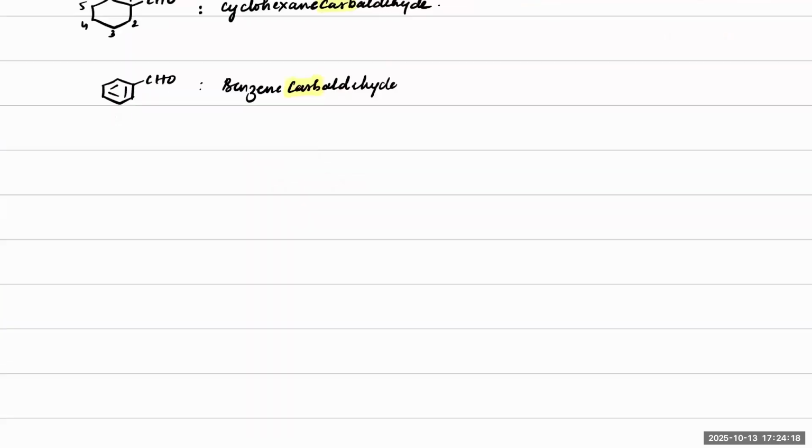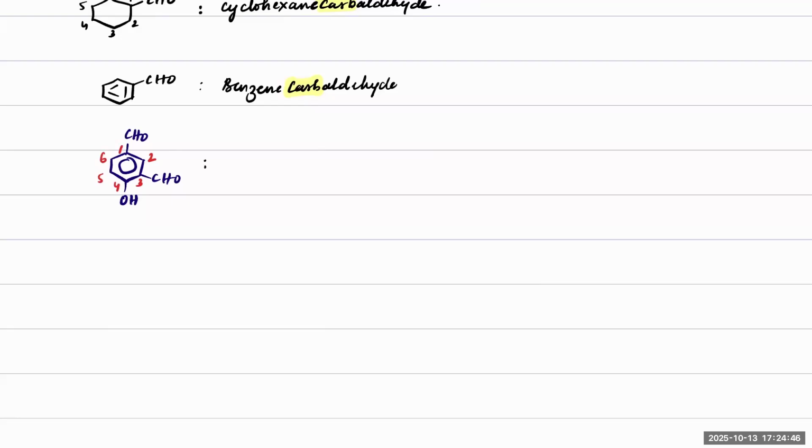So even if you have multiple CHO groups also, let's say I have CHO here, CHO here, and I have OH here like this. Okay, so you will start numbering where aldehyde comes with the lowest numbering from here. So you will start from here. So 1, 2, 3, 4, 5, 6. So this is the numbering. So now what is the name here? It is actually a benzene with a hydroxy group on it.